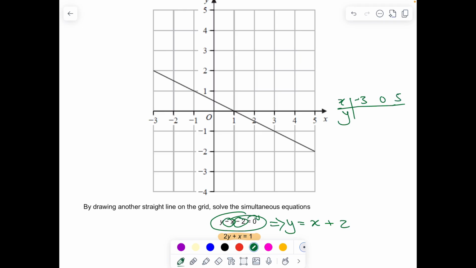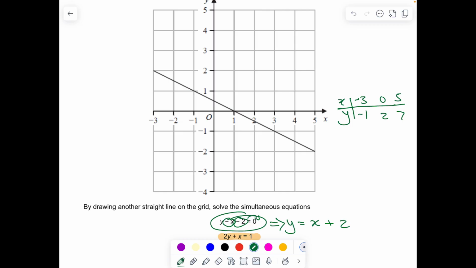I'll just do 3 points. So to find y, I just add 2. So minus 3 plus 2 is minus 1. 0 plus 2 is 2. And 5 plus 2 is 7.